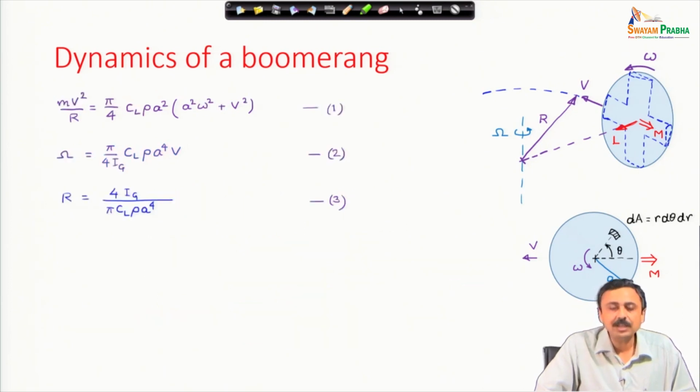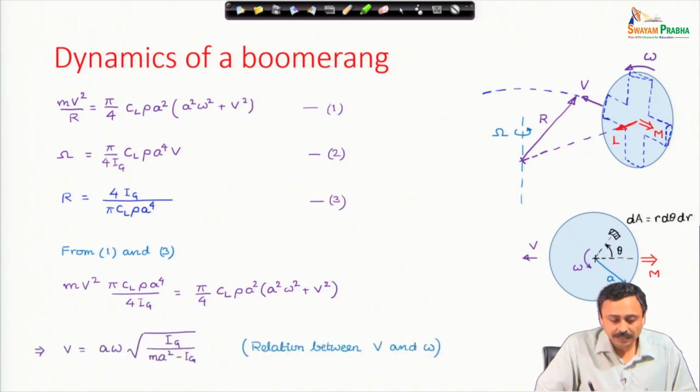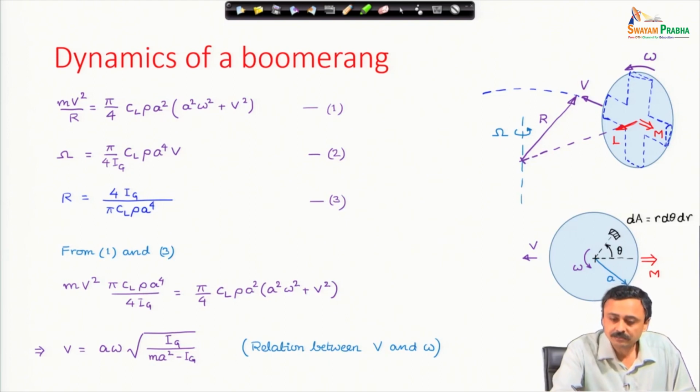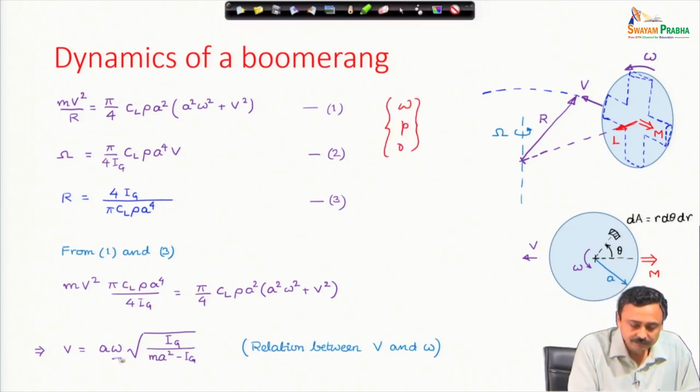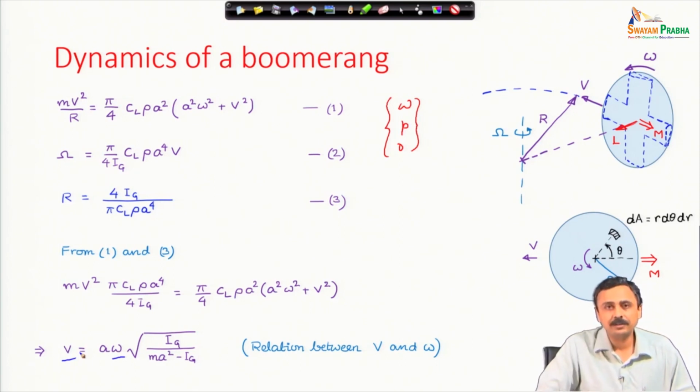So, we have these three equations which give me velocities, of course, I have thrown it with a certain velocity capital V, it gives me the precessional angular speed and the radius of curvature, and from equations 1 and 3 I can calculate a relation between the spin angular velocity and the velocity of throw. Now, this is where the art of throwing boomerangs comes in.